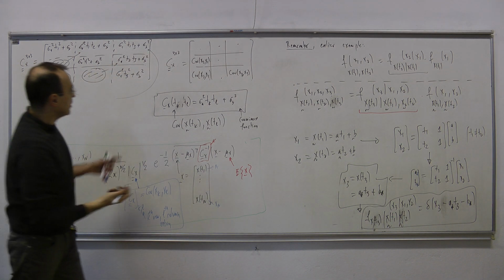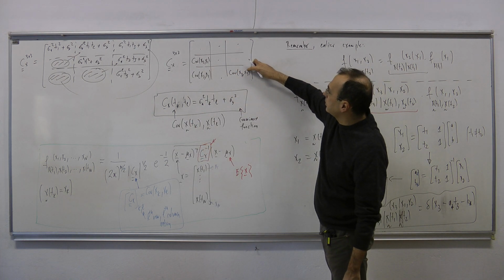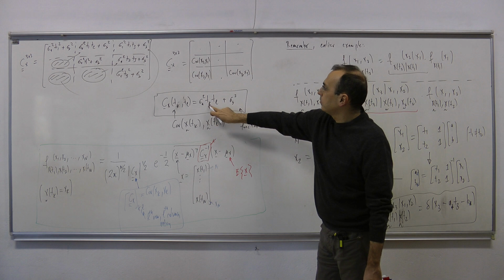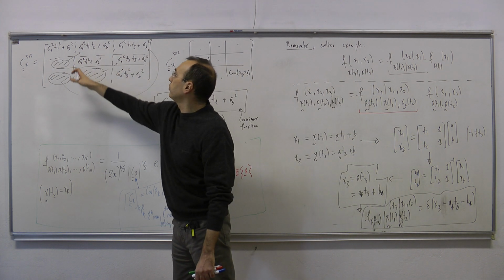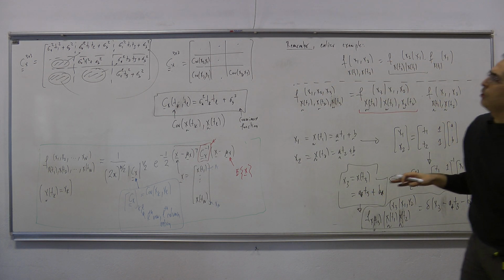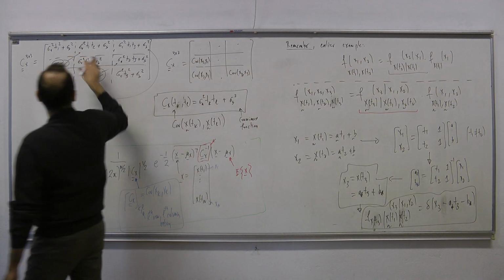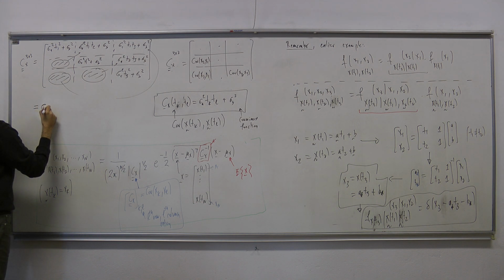So what am I doing over here? I need to express covariance of x3, x3. So that is sigma a square T3 square plus this. I have written it over here for every entry of this matrix. Since it's a symmetric matrix, I'm just writing the upper diagonal part of this matrix because these are the same. I know the symmetry features of this. So can I write this matrix as follows? So here is my observation.